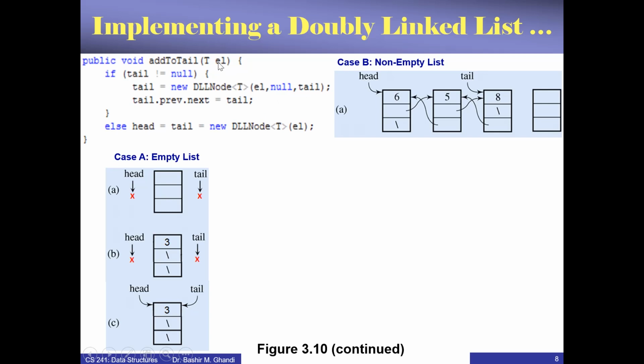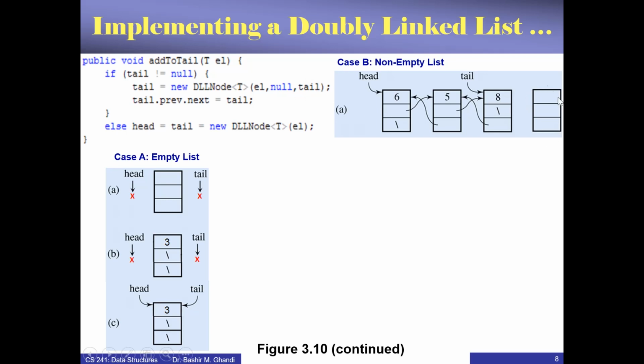Obviously, the element, whatever the value is, will go to the info part. But the second argument, if you remember, is to be assigned to next. But this is going to be the last node, and last node, normally they don't have next. So next should be null. And the last parameter here is supposed to be assigned to prev.